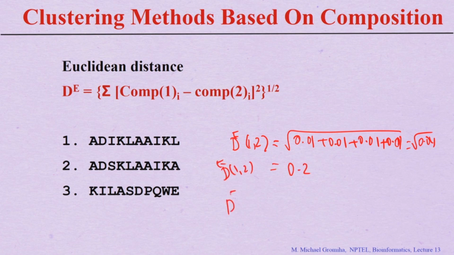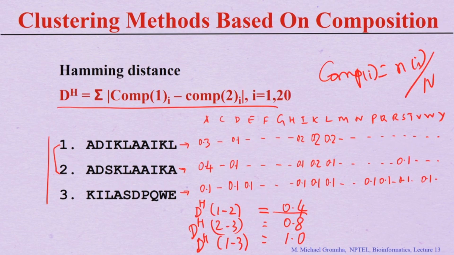How about d e of 2 comma 3? 0.3 square is 0.09, right, 0.1 square is 0.01, here it is 0, here it is 0.01, okay, 1, 2, 3 times.